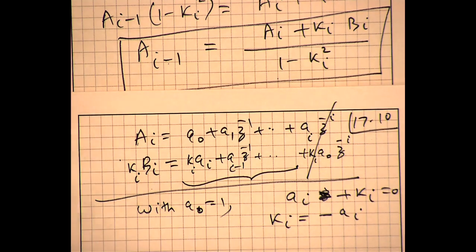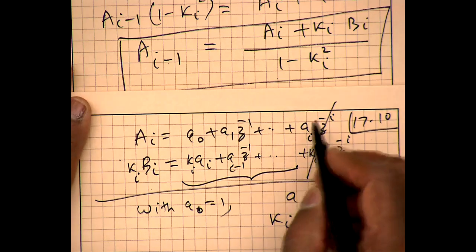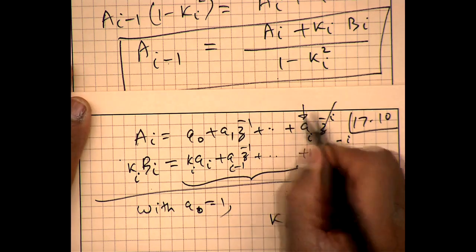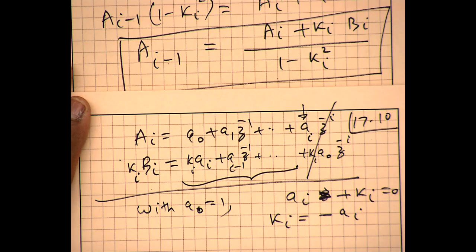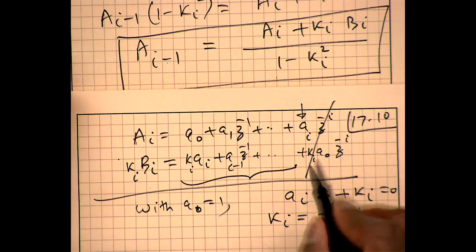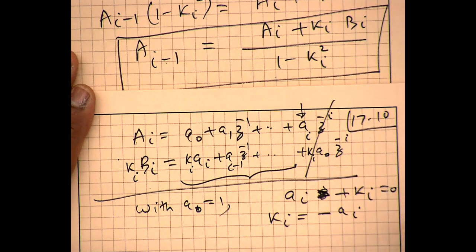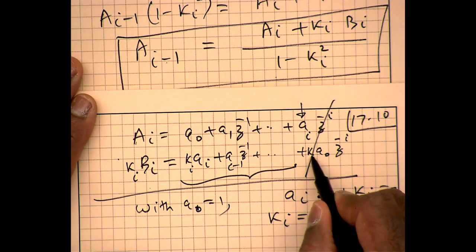So at every stage, the K coefficient is simply the negative of the leading coefficient.